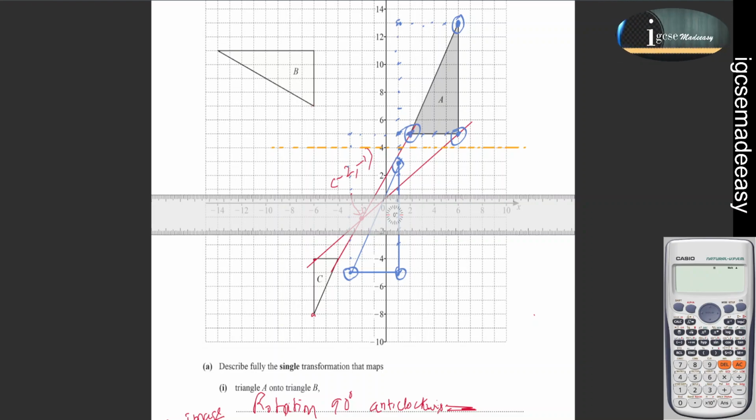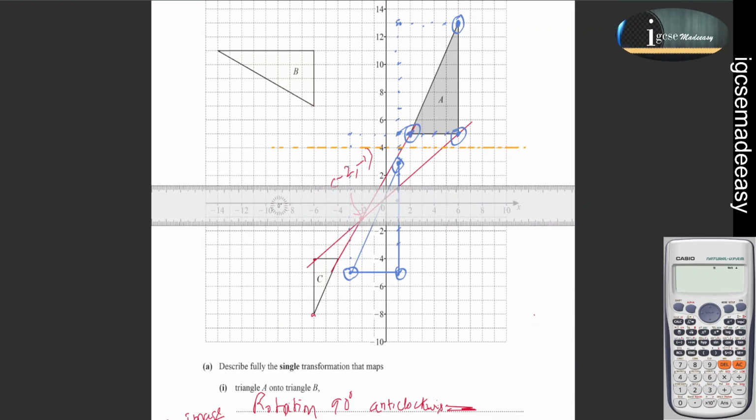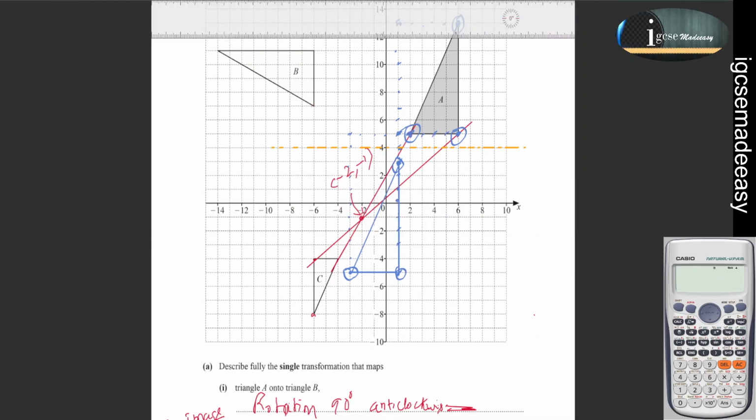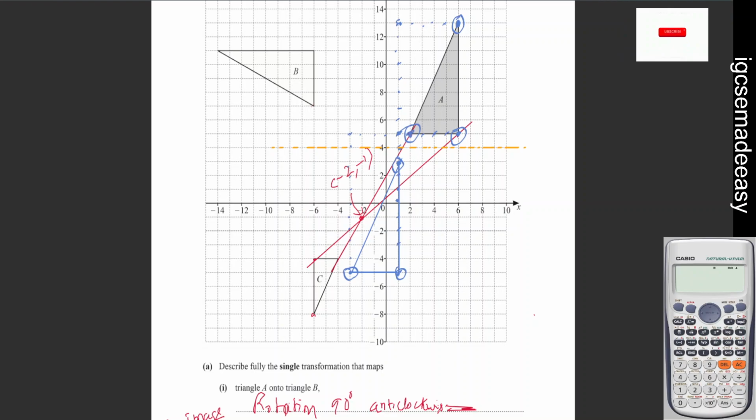You need to remember some of the properties: if reflection is taking place, then the image and the object size will be the same. The distance between the mirror line and the object, and the distance between the mirror line and the image should also be the same. So I have to draw it over here, right?